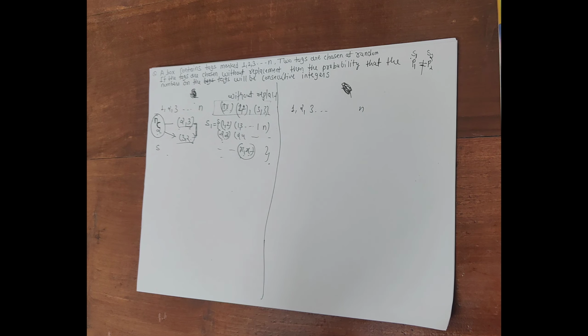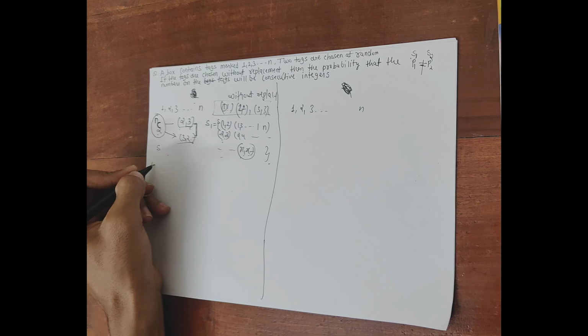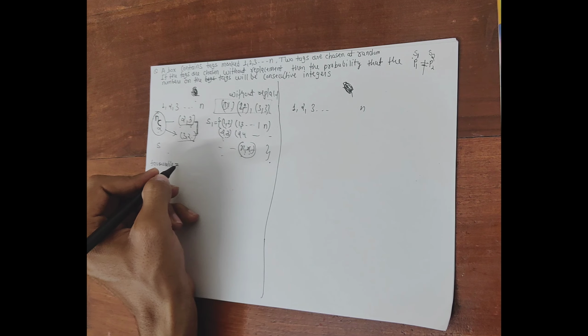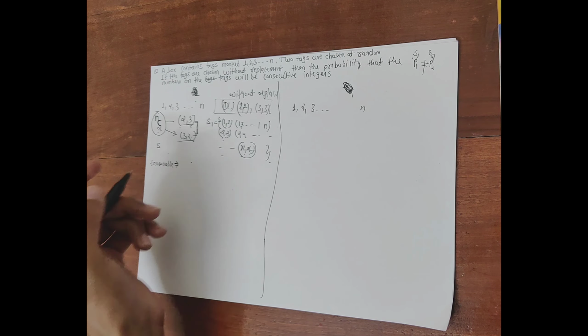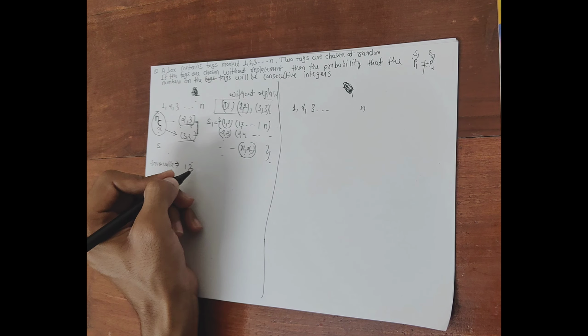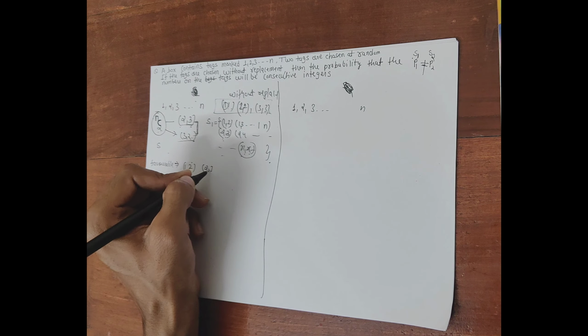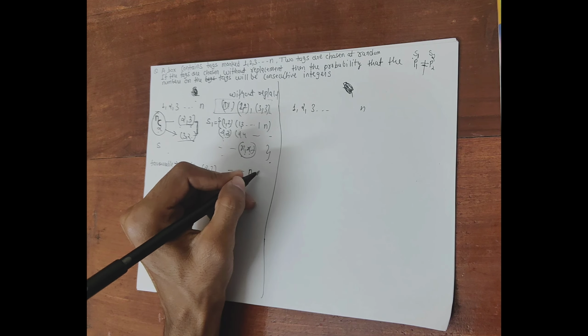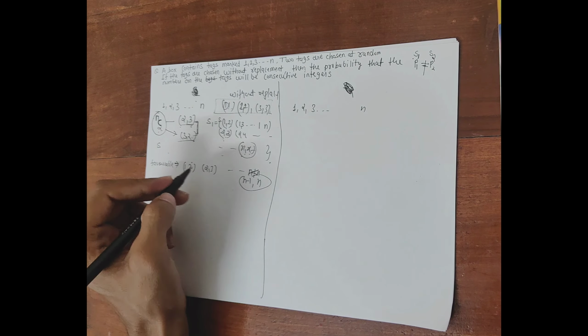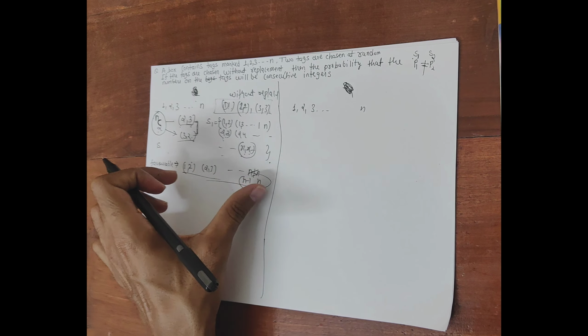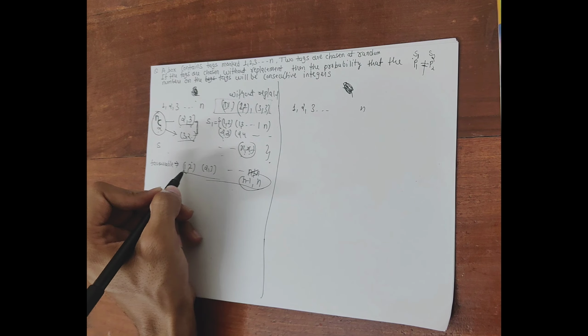And now we have to choose the consecutive cards. What are the favorable cases? The favorable cases are like this: (1,2), then (2,3), up to (n-1,n). So what will be their count?